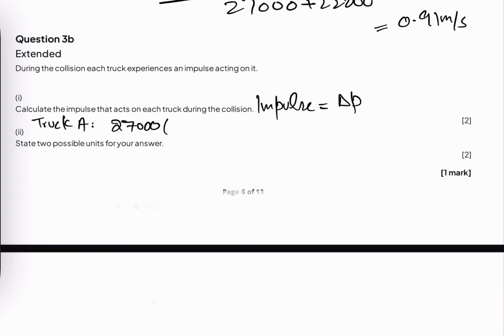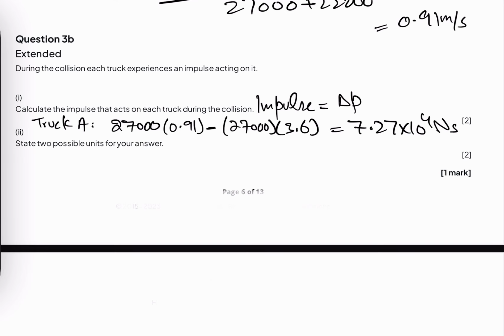It's 0.91 minus 27,000 multiplied by 3.6, so the change is 7.27 times 10 raised to power 4. Okay, this is Newton second or kg meter per second.